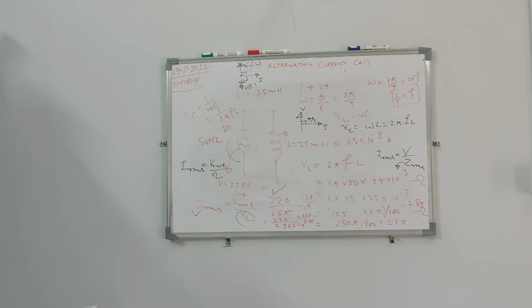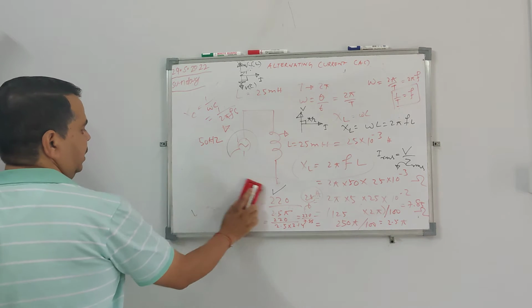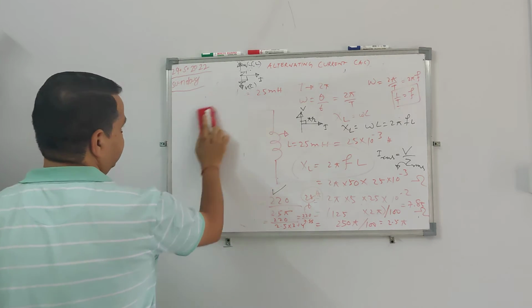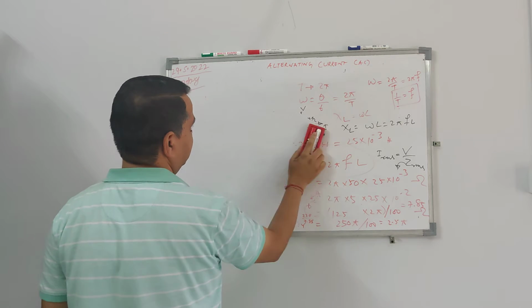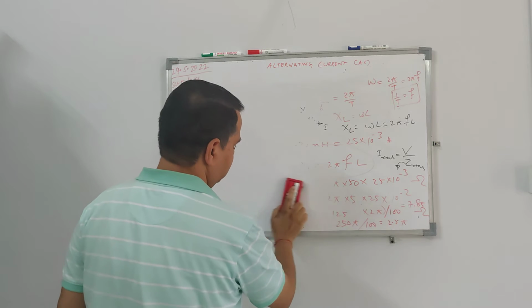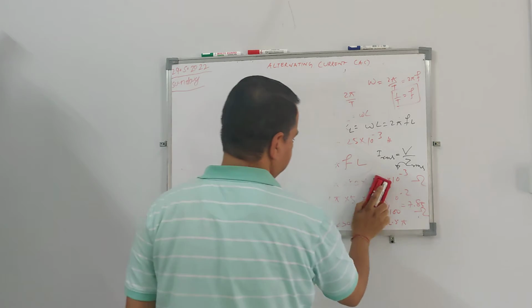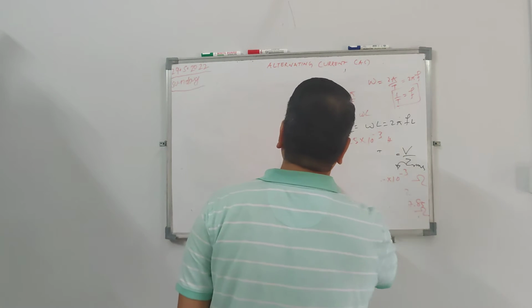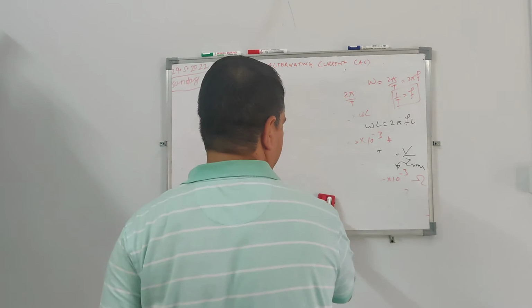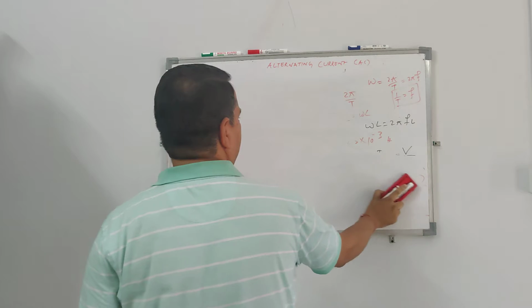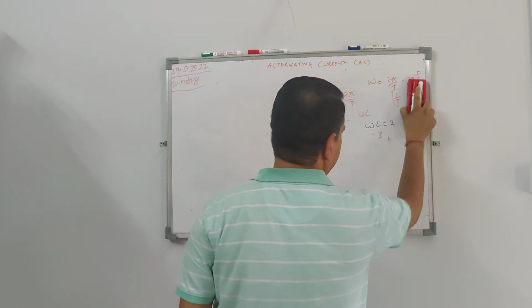Now we will do the purely capacitive circuit. We'll go a little fast because we'll cover the capacitive circuit, then the LRC circuit, and then the LC circuit. Because now we will be doing the CET paper, we will not go deep into the derivation.